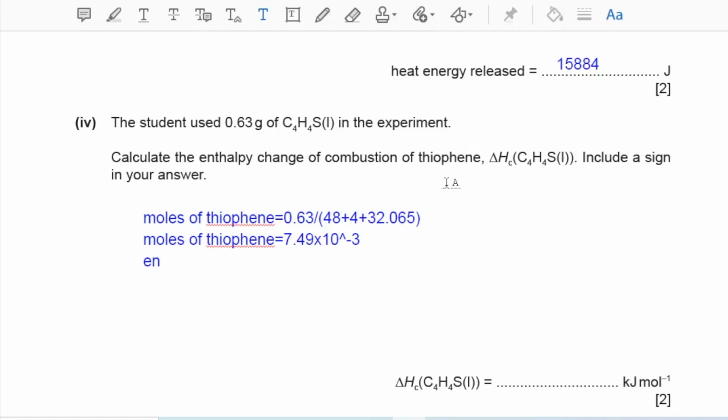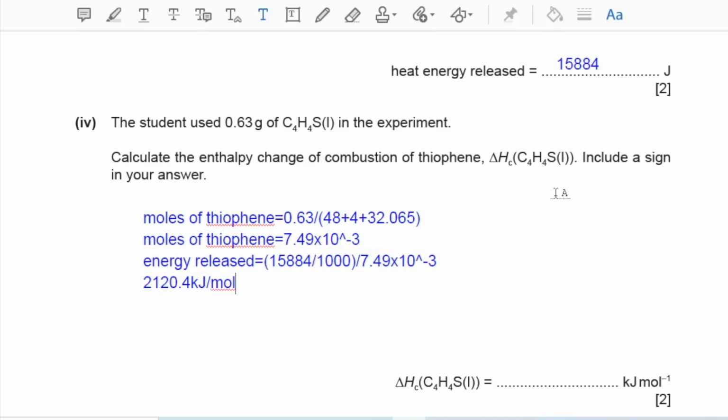So energy released is equal to 1584 divided by 1000, and then you divide this whole thing by 7.49 into 10 to the power negative 3, and thus you will get 2120.4 kilojoules per mole of energy.